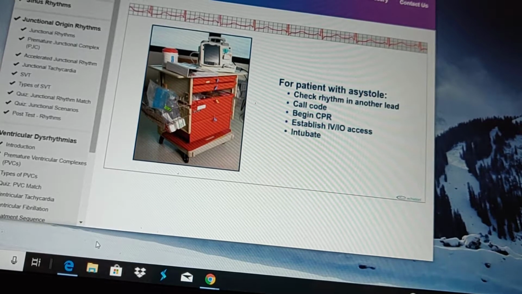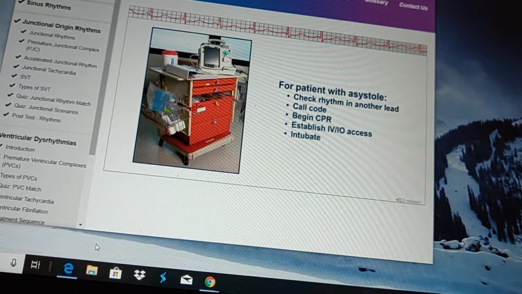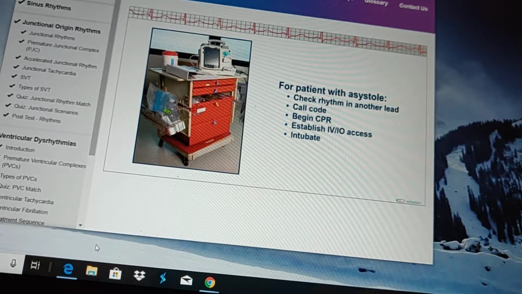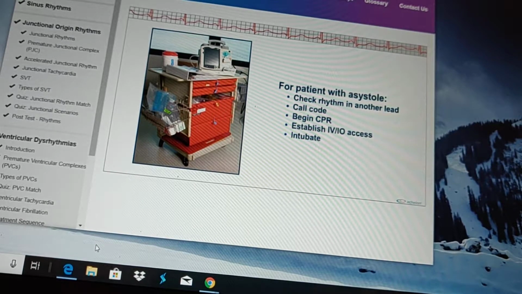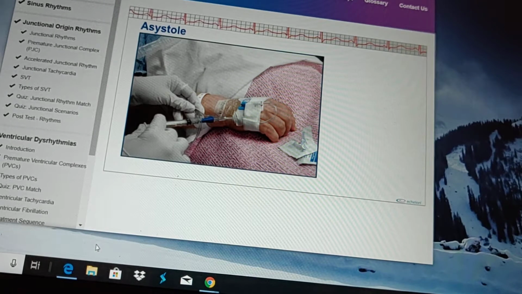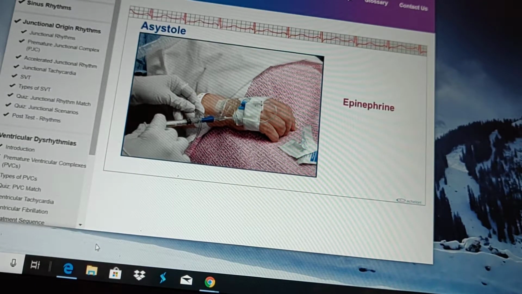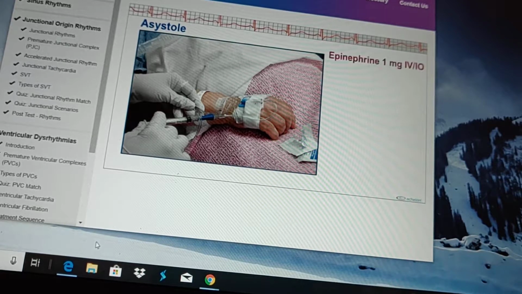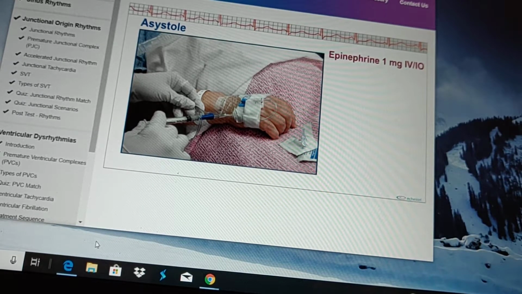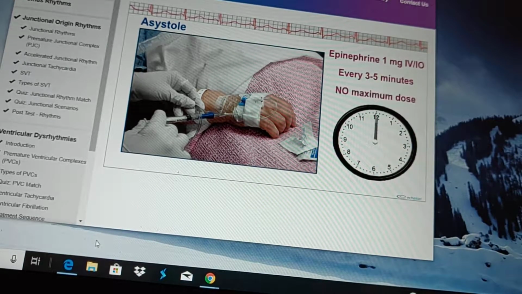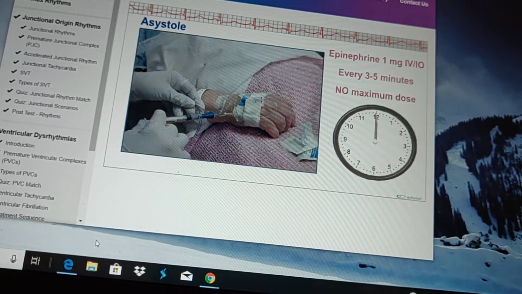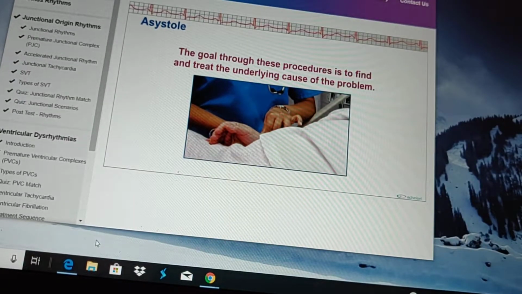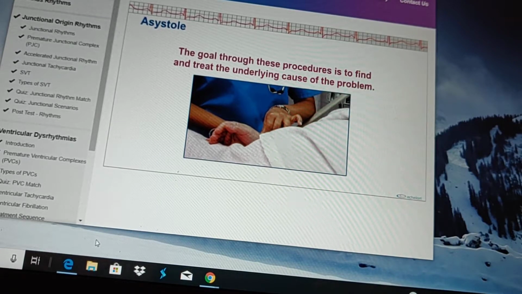As with any pulseless rhythm, appropriate CPR practice is critical to maintain adequate perfusion and ventilation. The appropriate drug intervention would include epinephrine. Administer epinephrine as a 1 milligram IV/IO every 3 to 5 minutes with no maximum dose. The goal through these procedures is to find and treat the underlying cause of the problem.